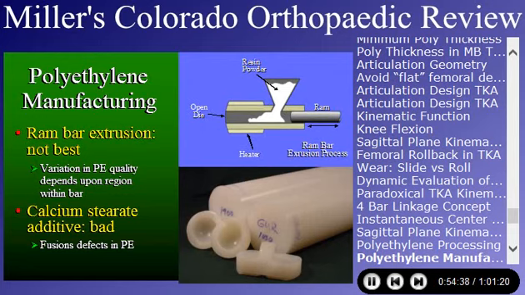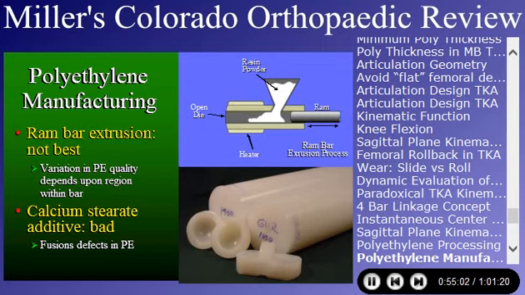They also had calcium stearate additives in these early knee designs, and those had fusion defects within the polyethylene. So in these early designs, you had flat on flat, you had ram bar poly, you had calcium stearate in the system. The polyethylene thicknesses were 4 to 4.2 millimeters or 5 millimeters. You're throwing all of these into the equation to get this catastrophic wear.